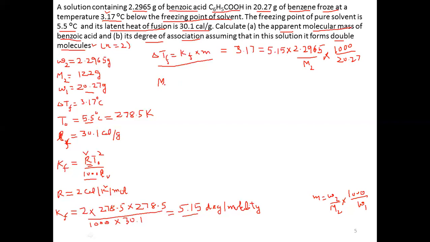So M2 is equal to 5.15 into, we can multiply 1000 by this, 2296.5 divided by 20.27 divided by 3.17.